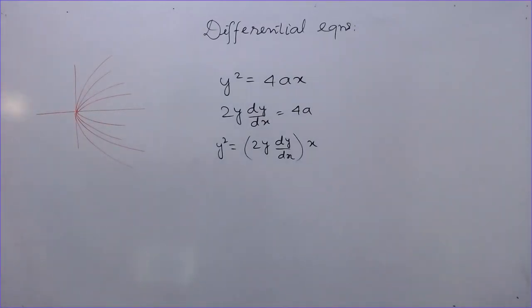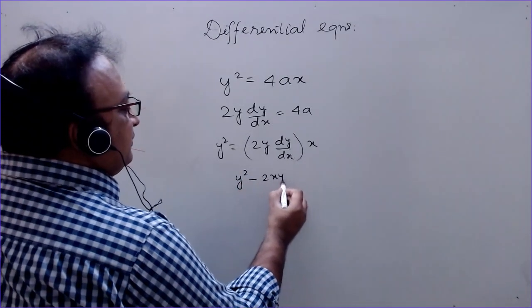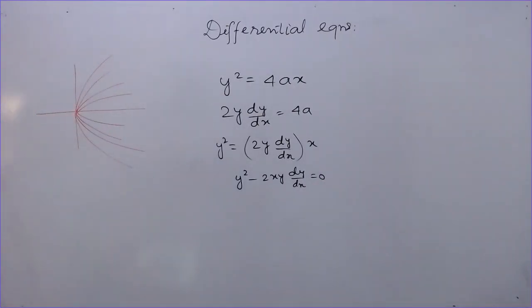So this becomes the differential equation. y square minus 2xy dy by dx equal to 0. This represents such parabolas or a family of the parabolas. Till now we have discussed what is a differential equation and what is the geometrical meaning of the differential equations. Now after this we can solve different types of differential equations in the next discussion.